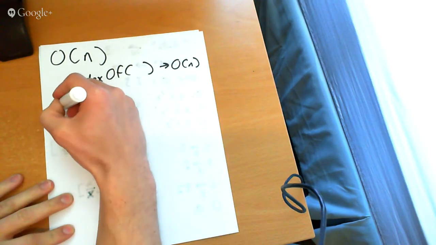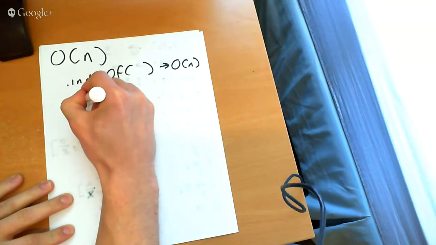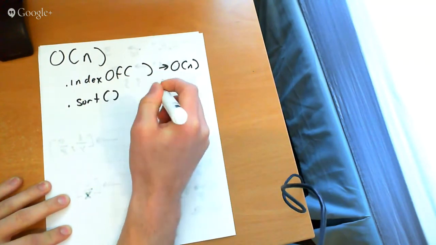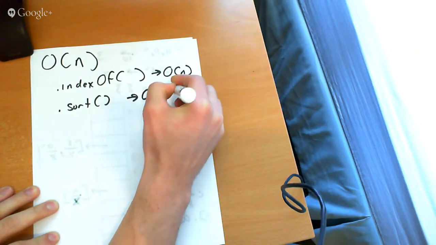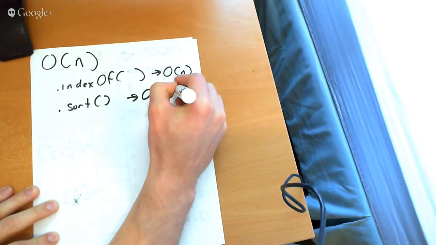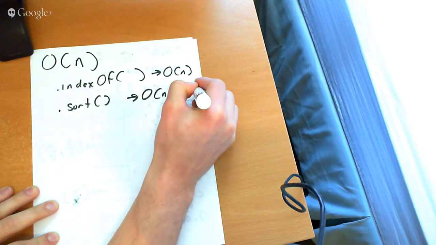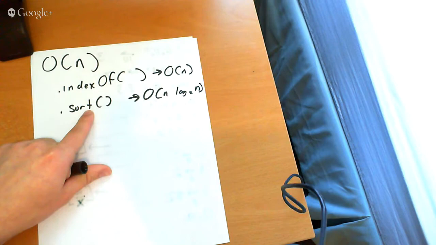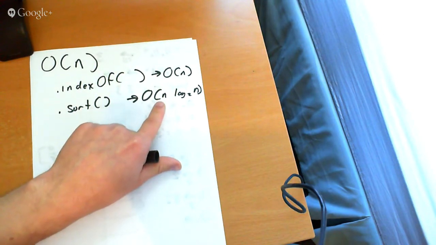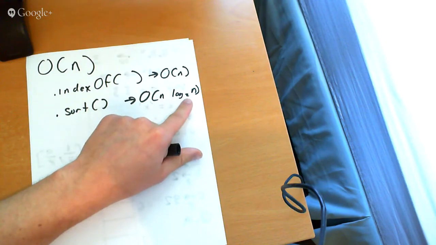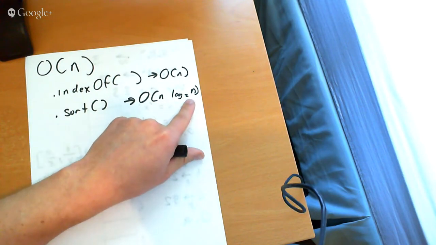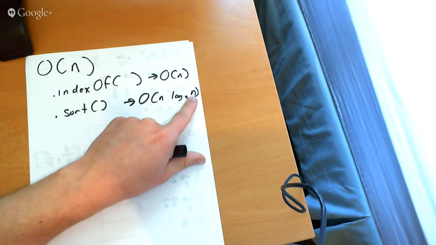Something like an array sort is going to be order n times the base 2 logarithm of n. So if you want to do a sort, it has to go through every single value in the array, and then also take the base 2 logarithm of the number of items.